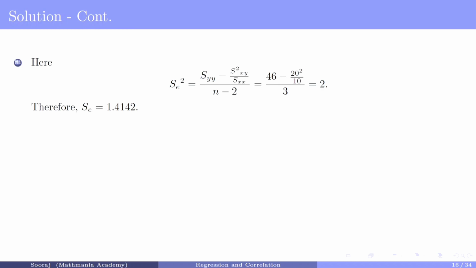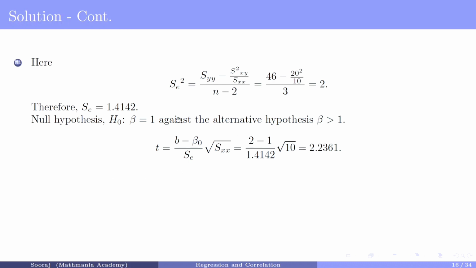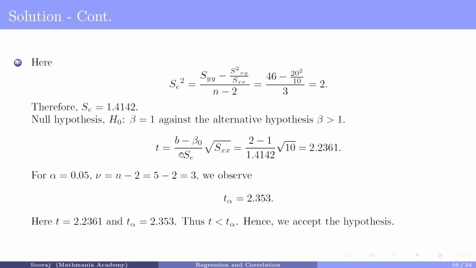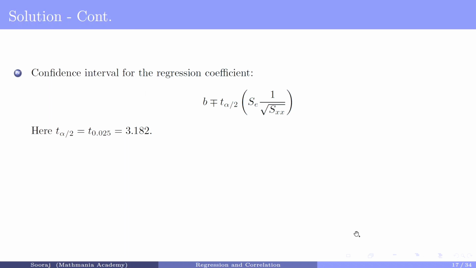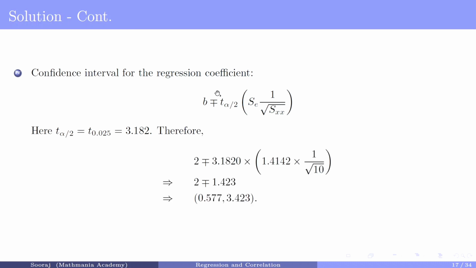Let us calculate SE through this formula and we find the test statistic value and we read the table value. We just compare these two and we see that the calculated value is in the acceptance region, therefore we accept the hypothesis. And to find the confidence interval, substitute the required values into it and we find the confidence interval.